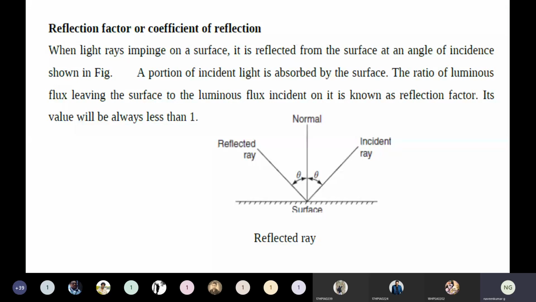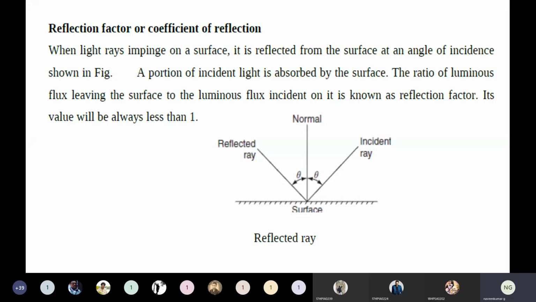Because of the absorption coefficient of the surface, some of the incident rays will be absorbed, about 0.1 to 2 percent, and the remaining 98, 97 percent of the rays will be reflected back.